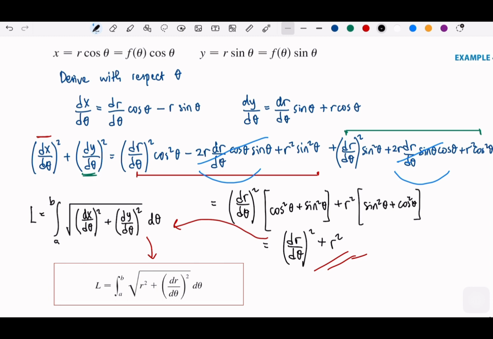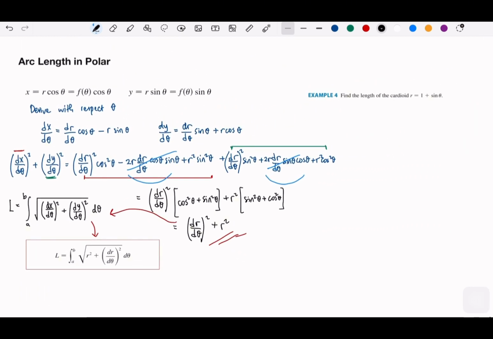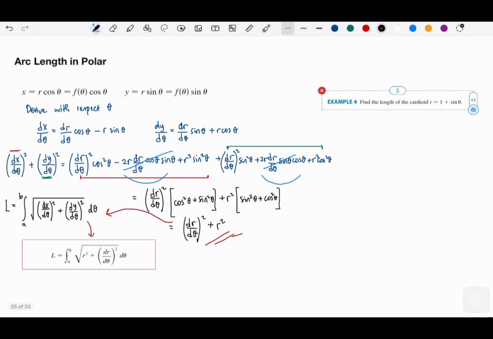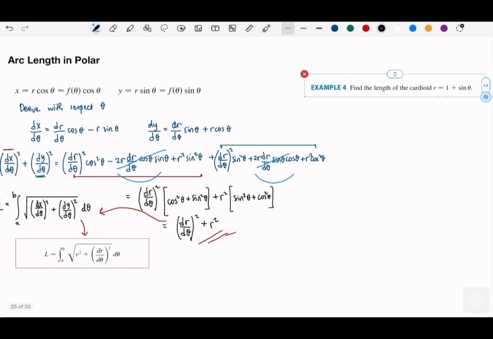Okay, let me zoom out a little bit just to see an example here. Find the length of the cardioid r = 1 + sine theta.